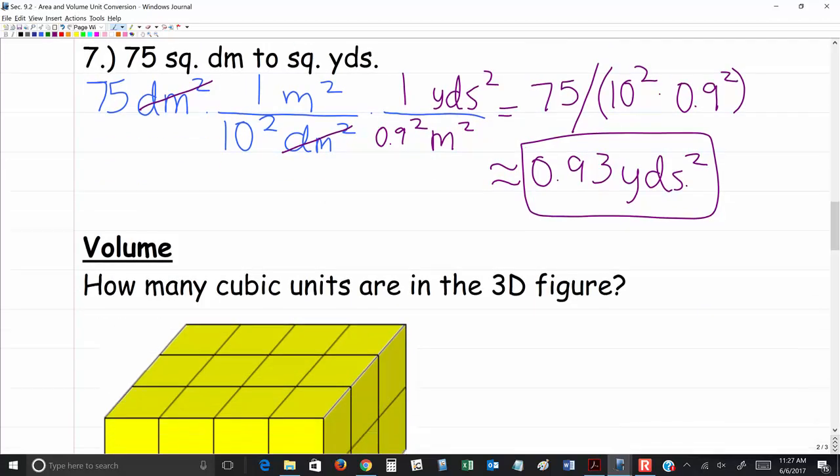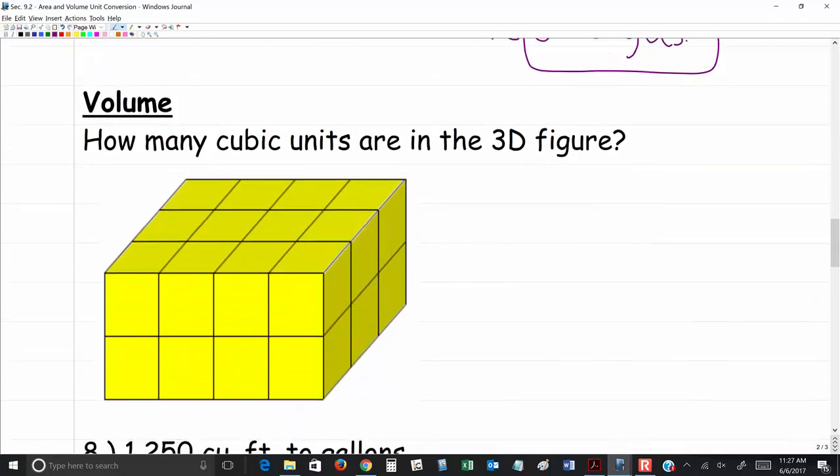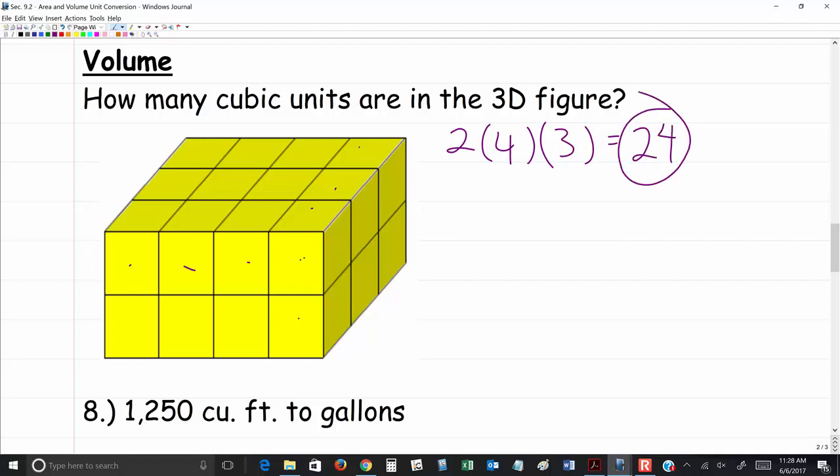All right, and then we'll go ahead and do volume. So volume applies to 3-dimensional things. So in this case, we've got 2 by 4 by 3. So that's equal to 24 cubic units in that box thingy.